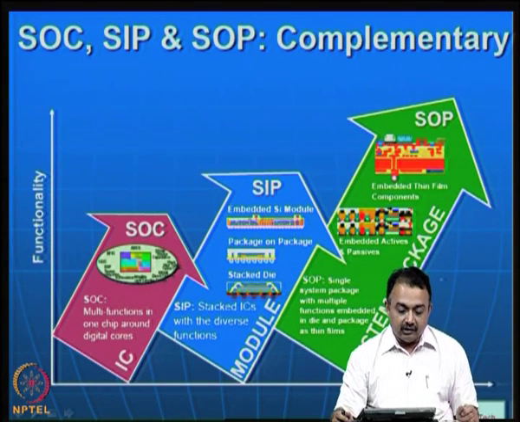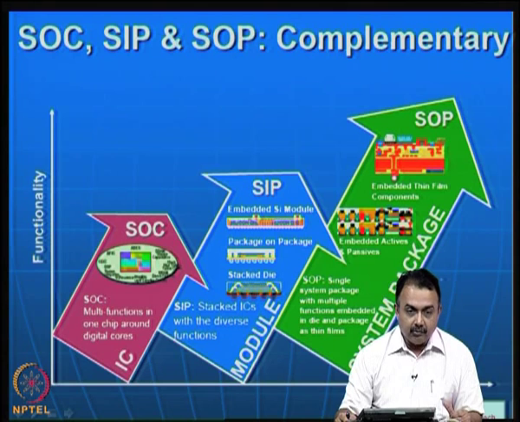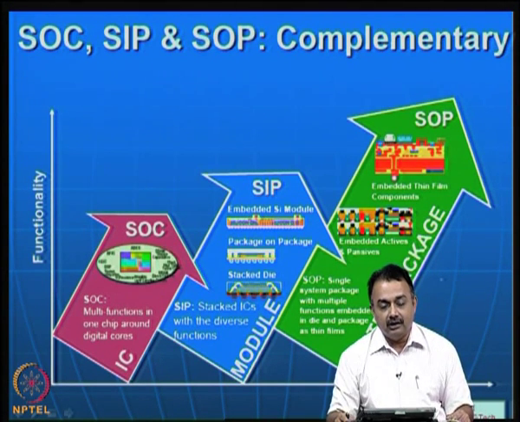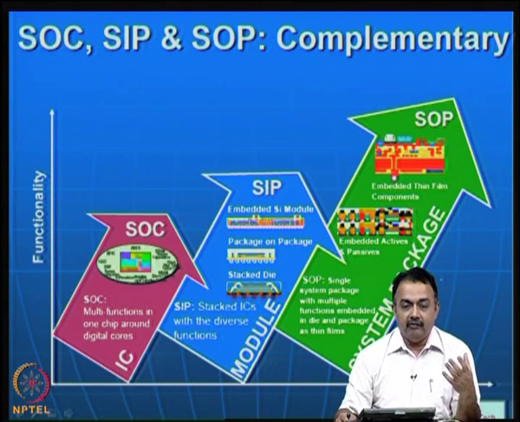These three terms I think we have mentioned: system on a chip, system in package, and system on package. They are complementary to each other. System on chip means built-in functions, multi functions in one chip around digital cores. System in package means you can have different ICs from different vendors.